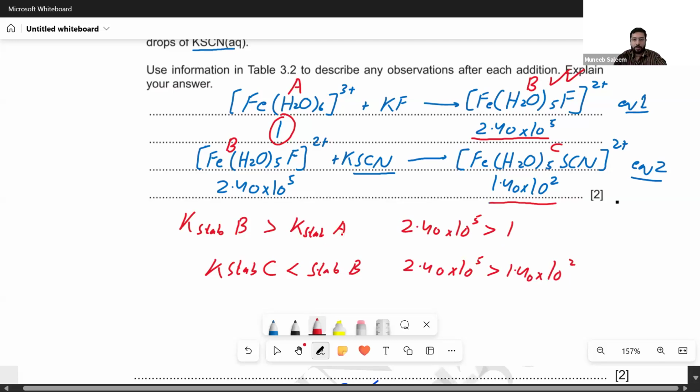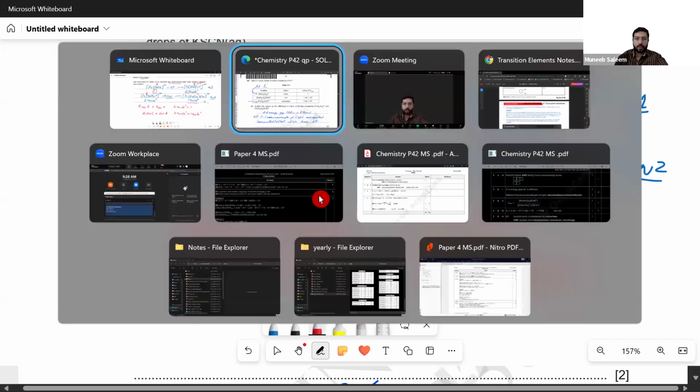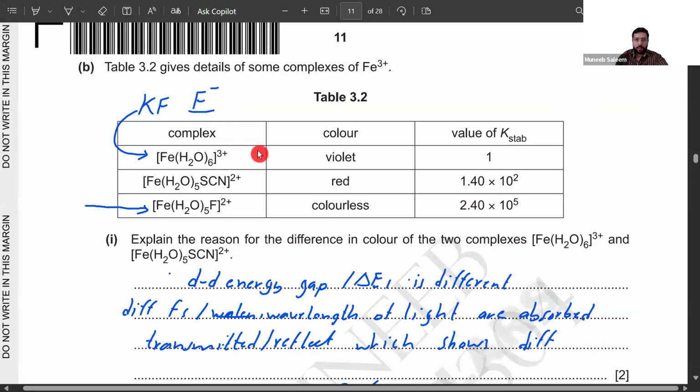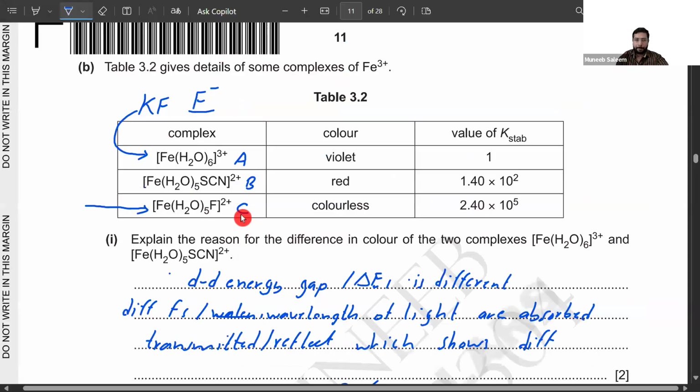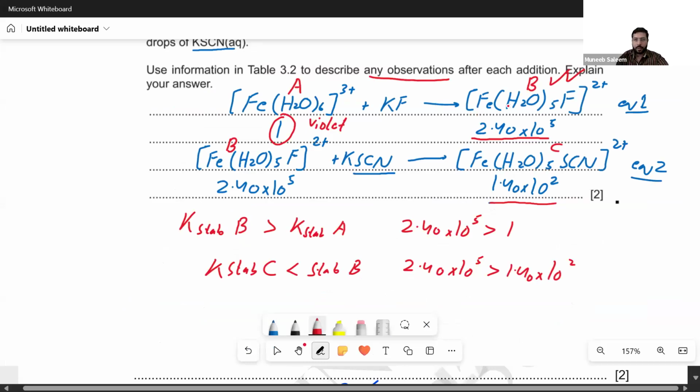Now, in terms of the observations which they were asking, describe any observation, we have to consider the colors. This is complex A, this one is B, and this one is C. Now A has a violet color.